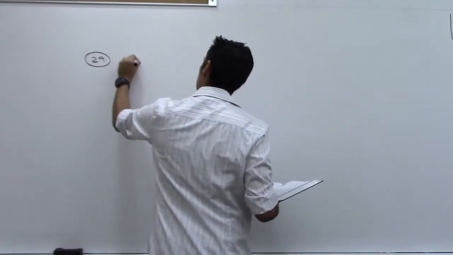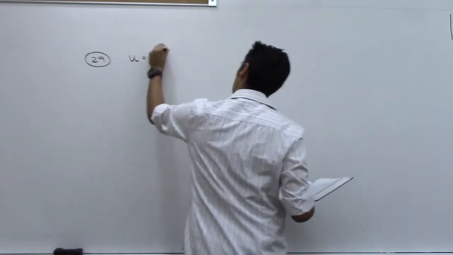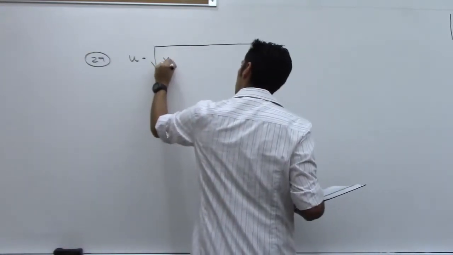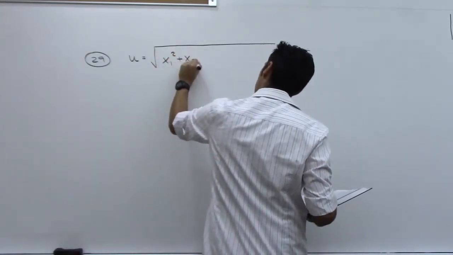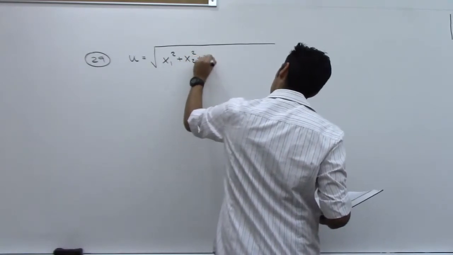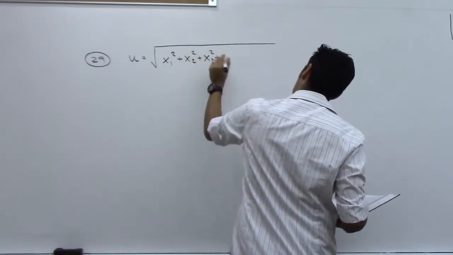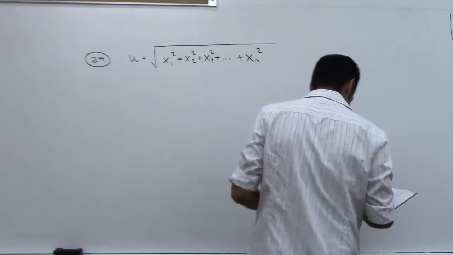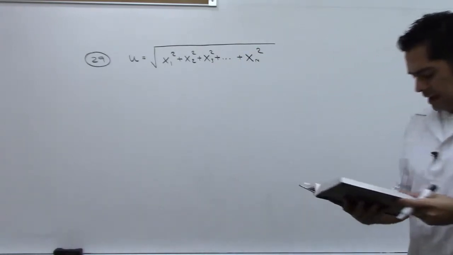U is equal to the square root of x sub 1 squared plus x sub 2 squared plus x sub 3 squared plus dot dot dot plus x sub n squared. What does that mean?